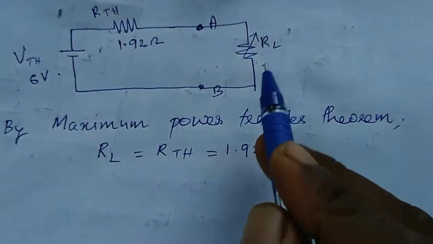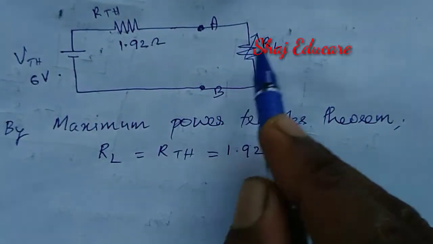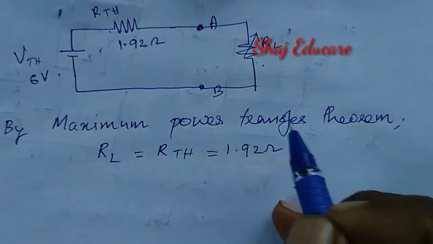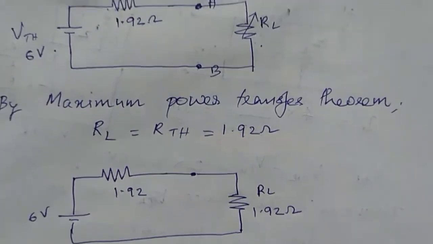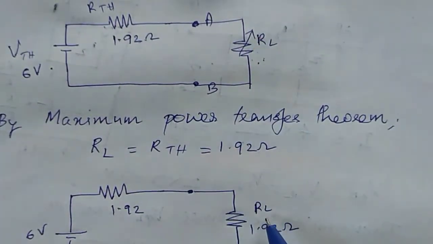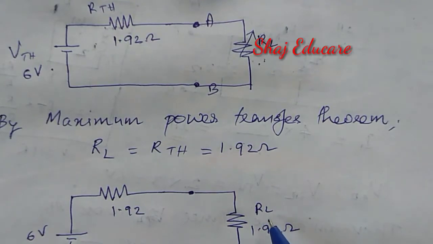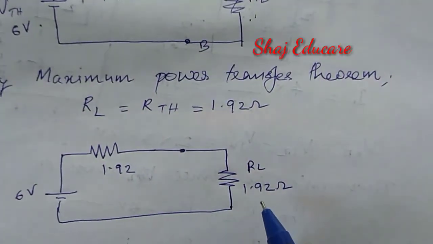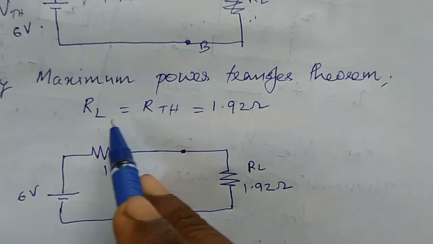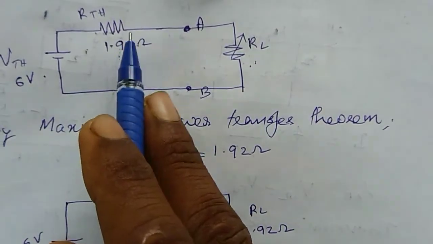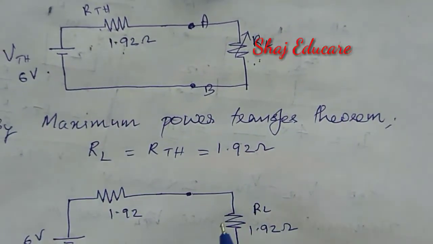So we have to evaluate the power delivered to this load resistance RL. I wrote the magnitude of RL as 1.92 itself, exactly the same as the Thevenin resistance.